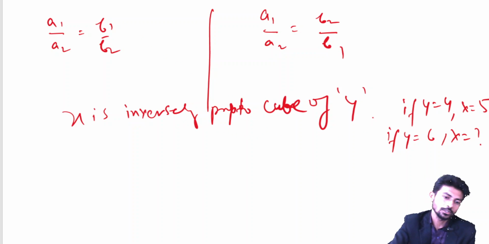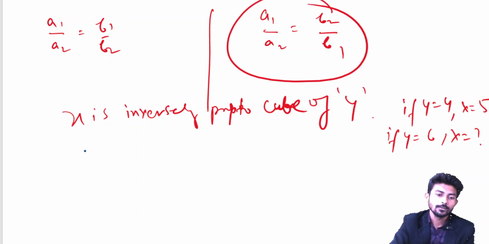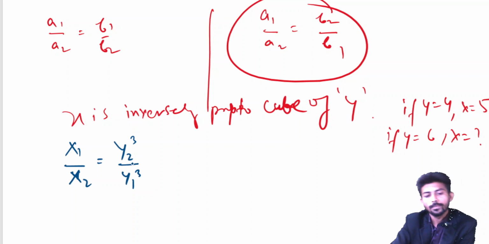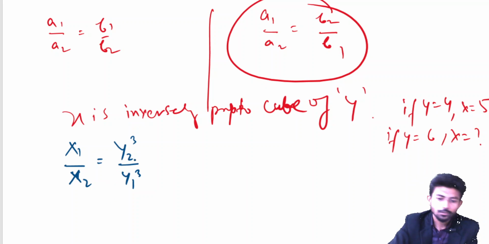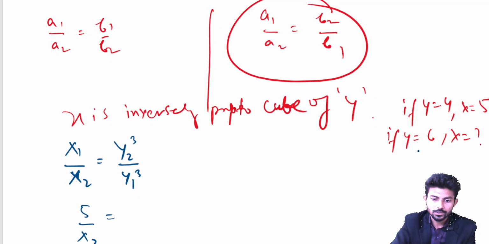If it is inversely proportional, we have seen this kind of relation. So we can write x1 by x2 is equivalent to y2 cube over y1 cube, because this is an inverse relation. We can substitute the respective values. Initially x1 was 5, x2 we have to find out, y2 is 6, so 6 cube, and y1 is 4, so it is 4 cube.